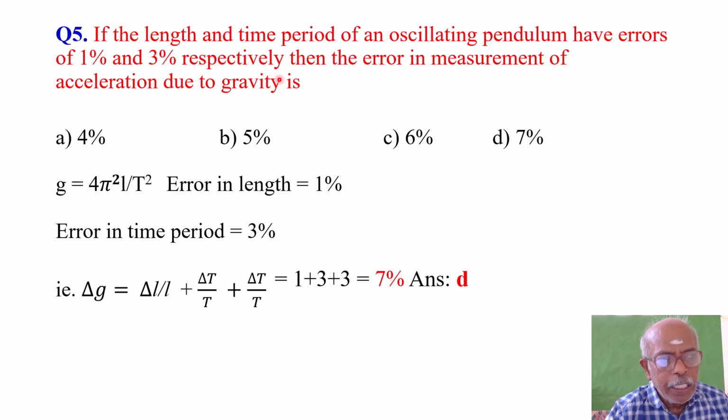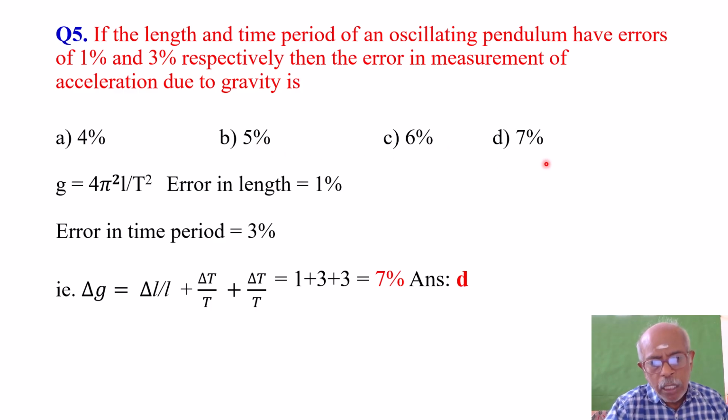Respectively means what? The error in the measurement of length is 1% and the error in the time period is 3%. Then the error in measurement of acceleration due to gravity is how much? This is the question. You are given four options: 4%, 5%, 6%, and 7%.